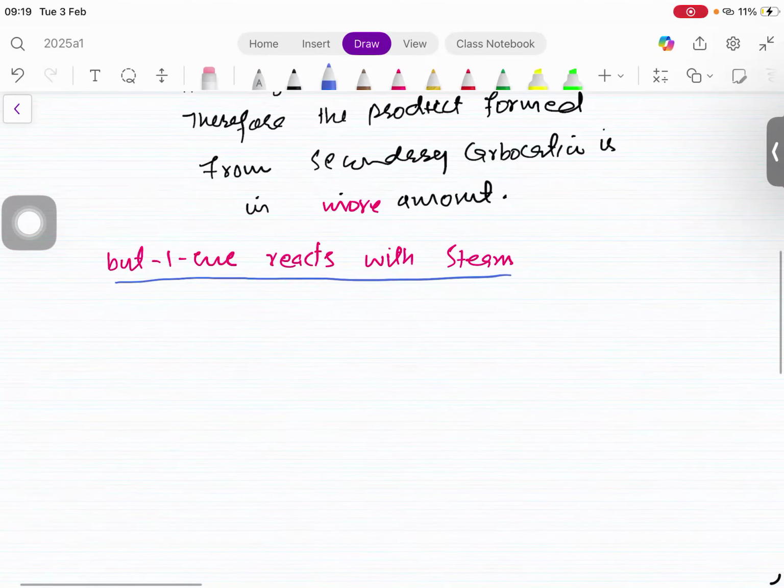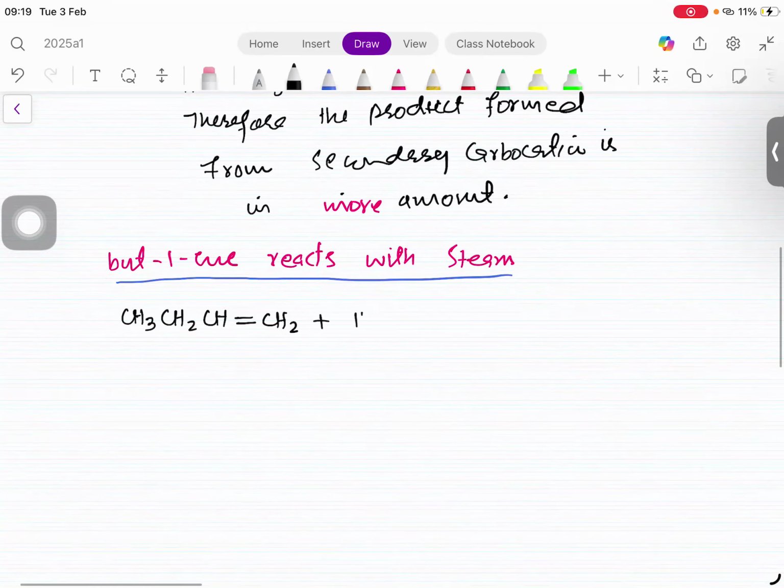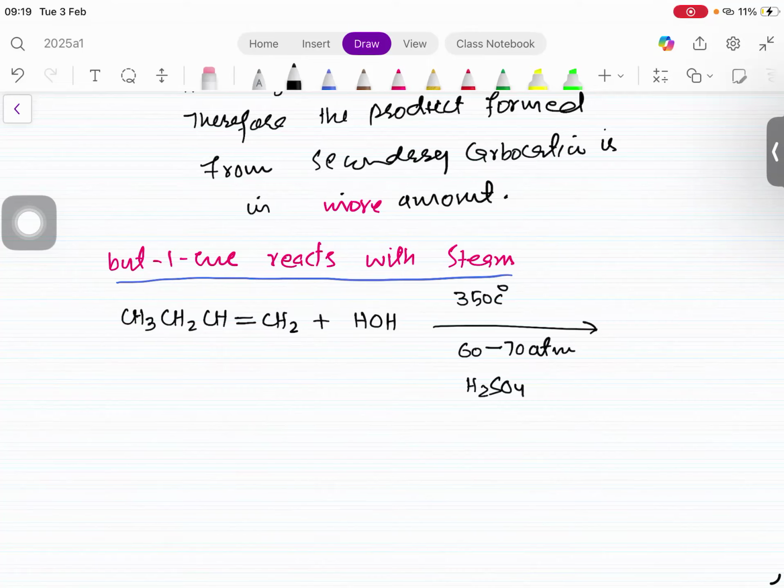First of all, I can give you the structure: CH3, CH2, CH double bond, CH2. This is the butene. It is going to react with steam. We know the reaction conditions are 350 degrees Celsius temperature, 60 to 70 atm pressure, and H2SO4 or H3PO4 as the catalyst.